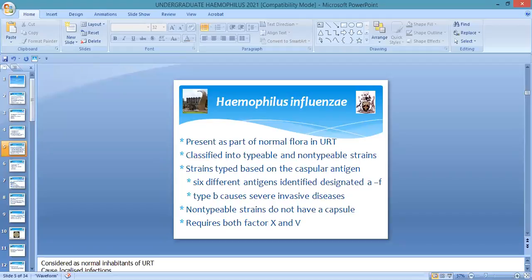You find that infections due to Haemophilus influenzae are less frequent because of the use of the Haemophilus influenzae type B vaccine, which is usually given to children. That has greatly reduced the infection rate due to Haemophilus influenzae.